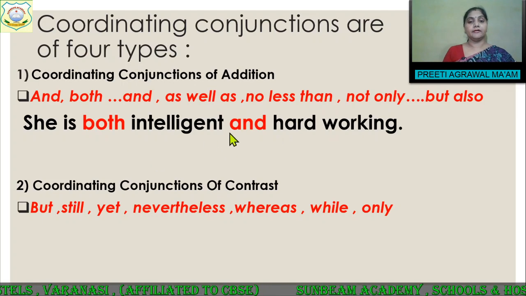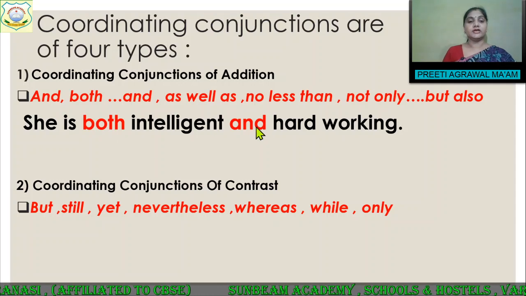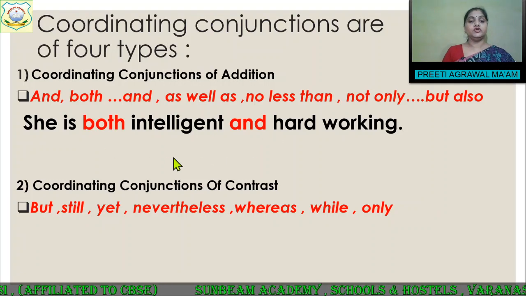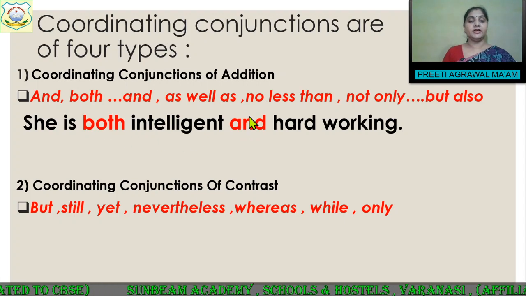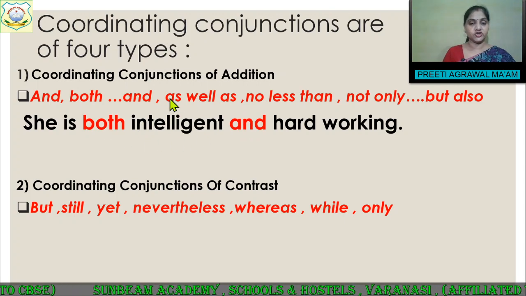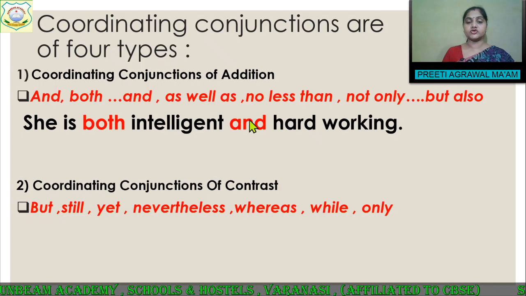Both and, this is your correlative conjunction, and whenever we use this type of conjunction, you have to keep in your mind that just after both, if you are writing an adjective, there should be an adjective, or verb or adverb, whatever you are writing, after and also the same thing you have to write.